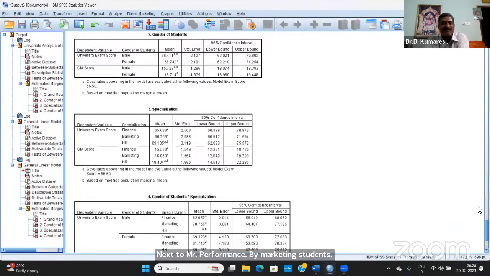And the least performance was found among the finance students in the university exam. When we come to the CAA score, here also the results are similar. Finance 15.528, marketing 16.069, HR 18.404.